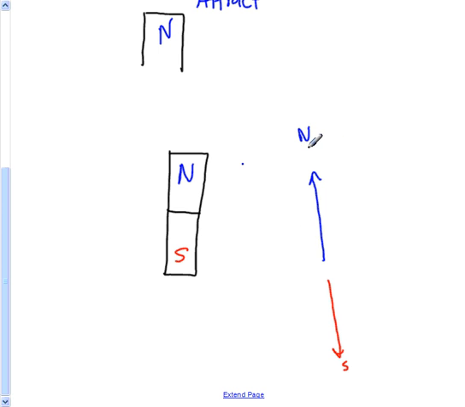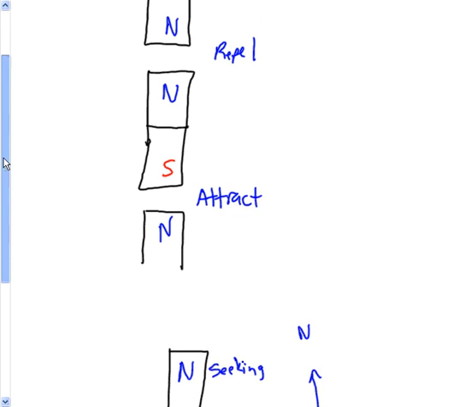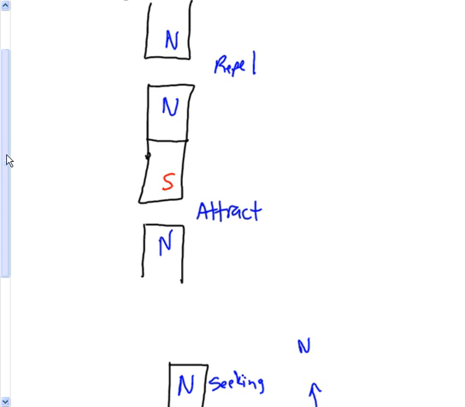And we're talking about geographic location. So this is the reason why we call these north and south. It's specifically saying this is the south-seeking side of the magnet, and this side is the north-seeking side of the magnet. But let's go back to what we talked about, how a north and a north will repel, and a north and a south will attract.